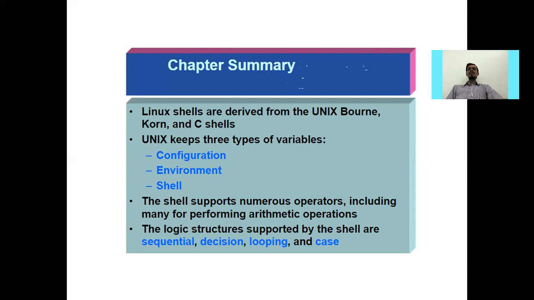Decision structure means if then else, where we have to make a decision. Looping or iterating means for loop, while loop, do while loop, for each loop, and case structure. Case structure is where we go through different cases and decide one case at a time.